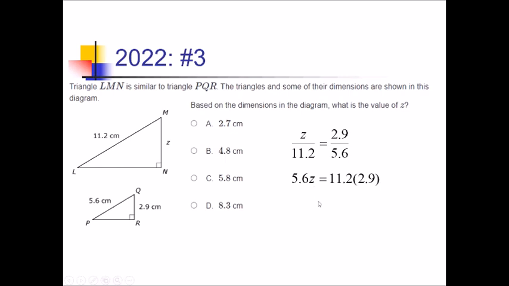So I can write z equals 2 times 2.9, because again, I divided 11.2 by 5.6. And I can do 2 times 2.9 without a calculator. So that would be, it's like 2 times 29 with a decimal in there. So that would be 5.8 then. And if I wasn't really sure, I do have an answer choice that helps me out here. So that's choice C.